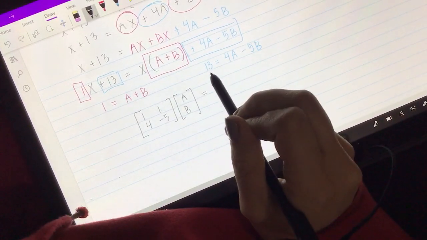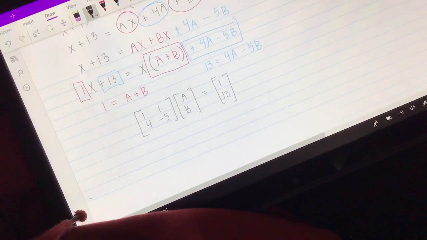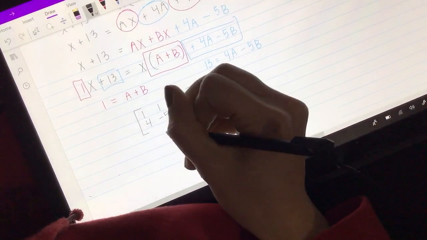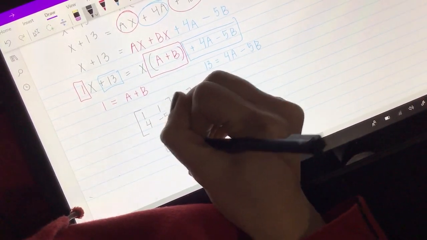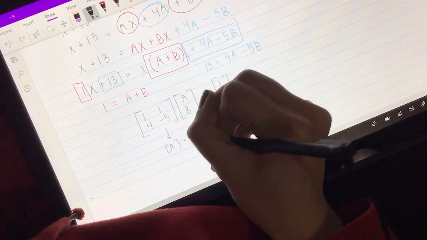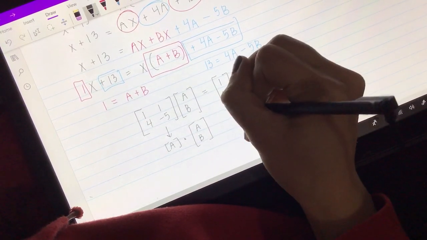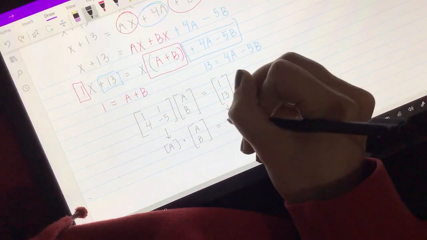And for my second equation, my constant is 13. Now what we're going to do is take this and plug it in to matrix A in your calculator. And we're going to take our constants and plug it in for matrix B in your calculator.